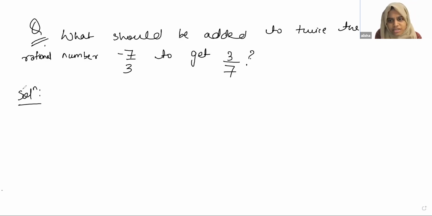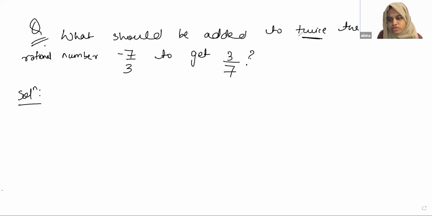What should be added to twice the rational number minus 7 by 3 to get the answer as 3 by 7?